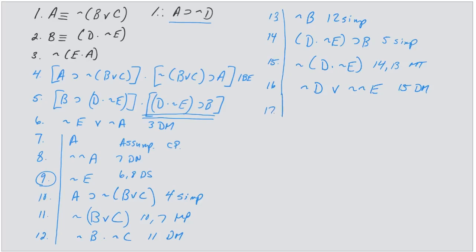And then on line 17, I've got not D or, and I'm going to double negate just to get rid of those. So I can follow the form of the disjunctive syllogism. So I'll just do a nice little double negation on that. If you were to skip that, I would not count that wrong.